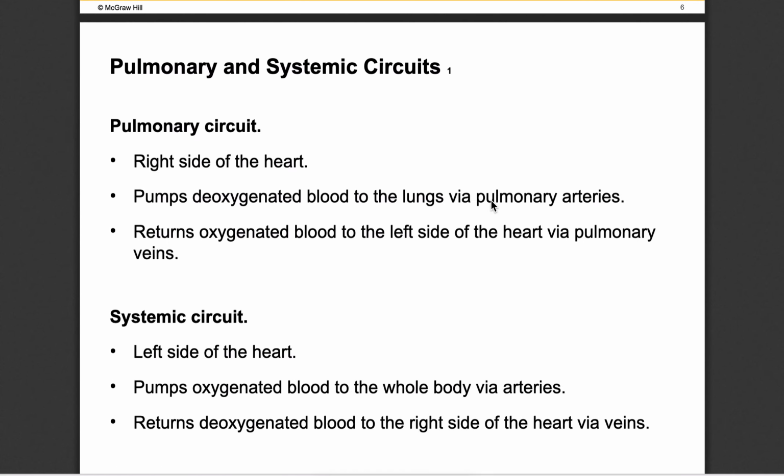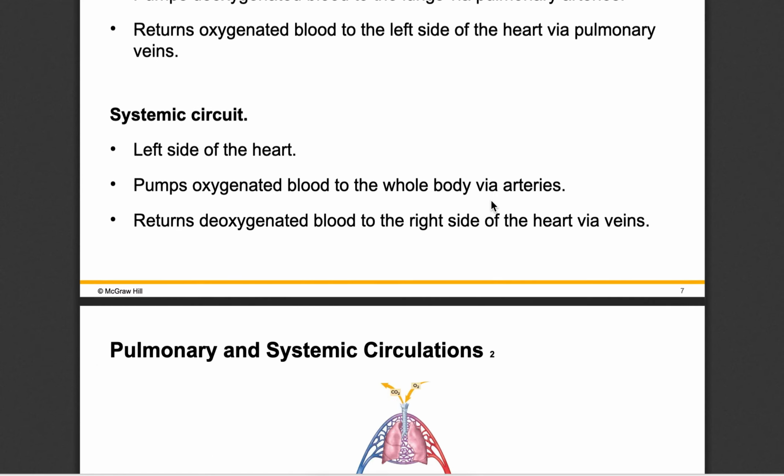But there are two sides, or two circuits, of the heart. You have pulmonary circulation that collects blood from the entire body and delivers it to the heart for oxygenation and getting rid of CO2, and then your systemic circuit, the left side of the heart, which pumps oxygenated blood to the body, collects it from the pulmonary circulation, and collects CO2 to get out of the lungs.